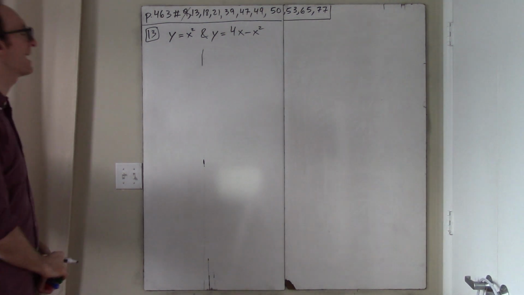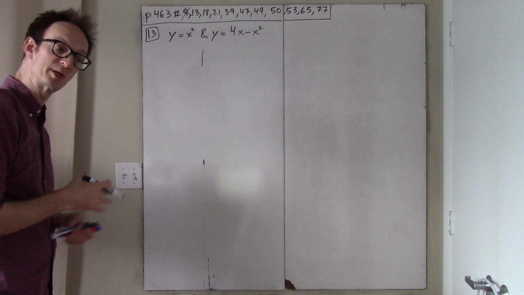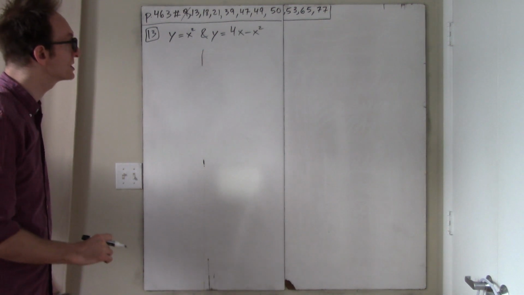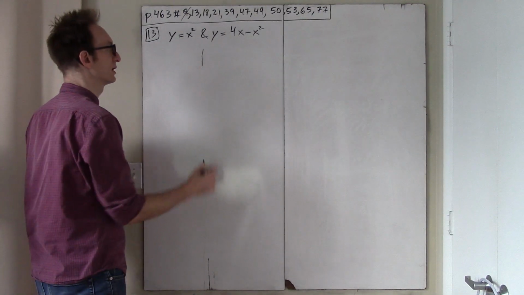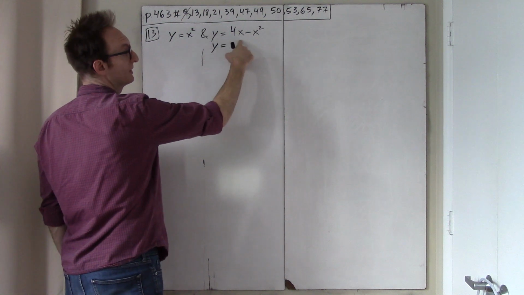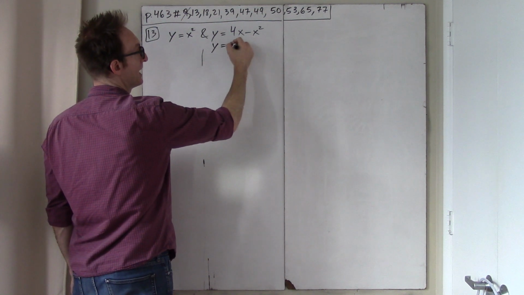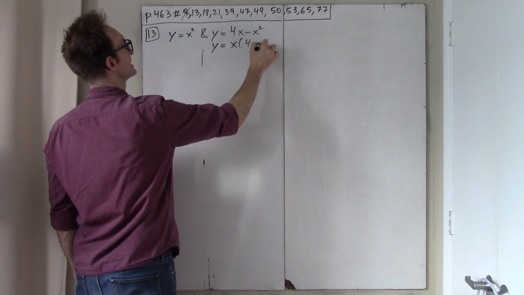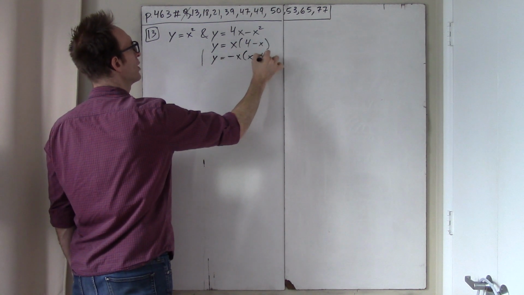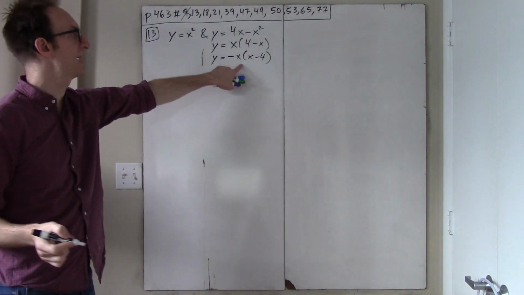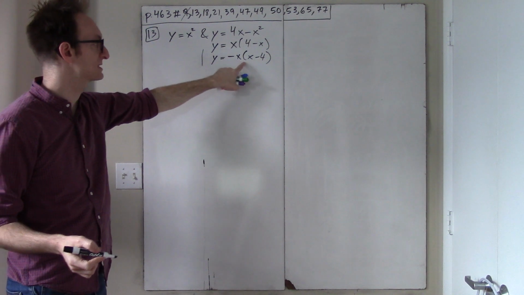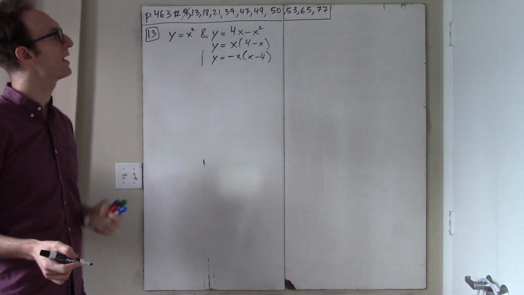And these 2 parabolas together define a region. It's the region enclosed by these 2 curves. So let's just establish that first. What is the region enclosed by these 2 curves? Well, this can be rewritten as x(4 minus x), or perhaps even better as negative x(x minus 4). So this is going to be a parabola upside down with intercepts at 0 and 4, and this is just our normal parabola y equals x squared.